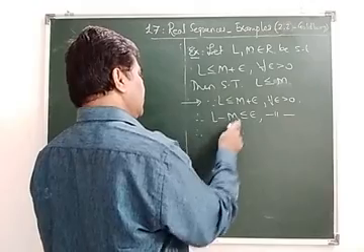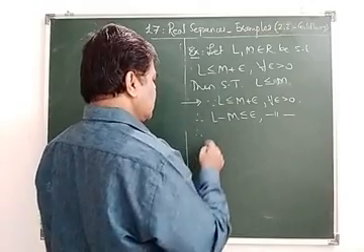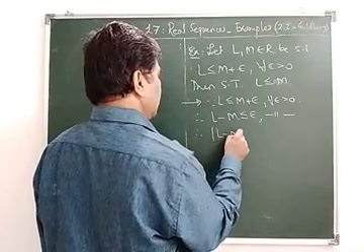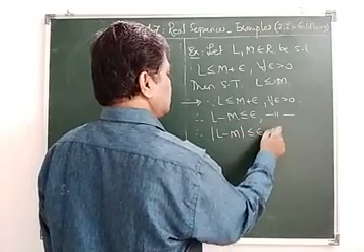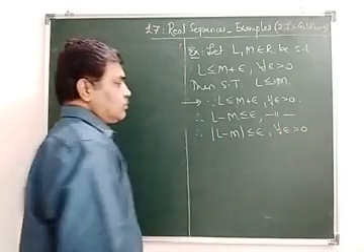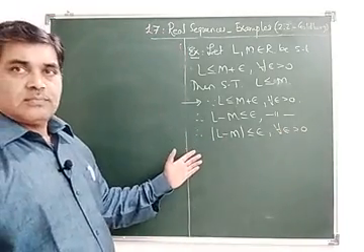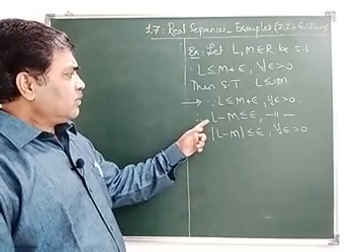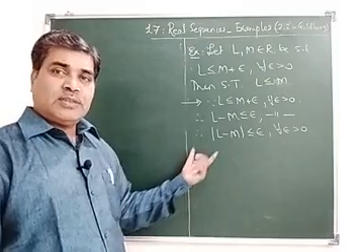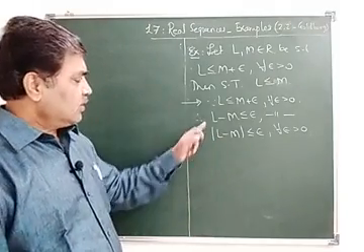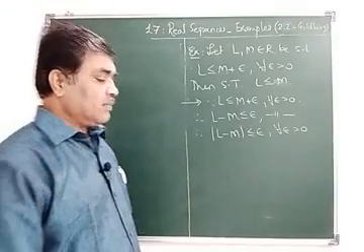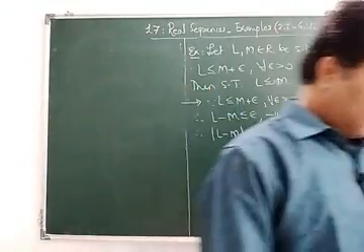If it is a negative number, then it is also less than that. If L minus M is positive, it is also less than that. So the modulus of L minus M must be less than or equal to epsilon for every epsilon greater than 0.